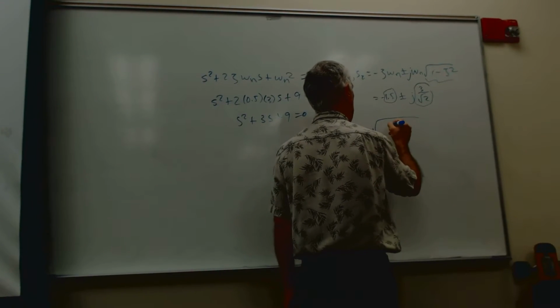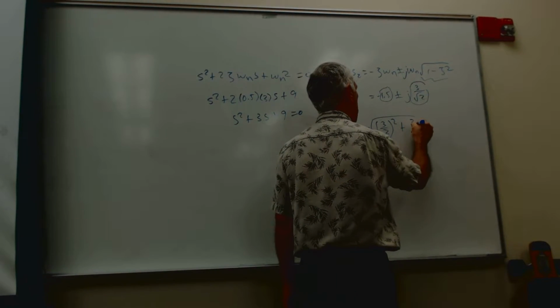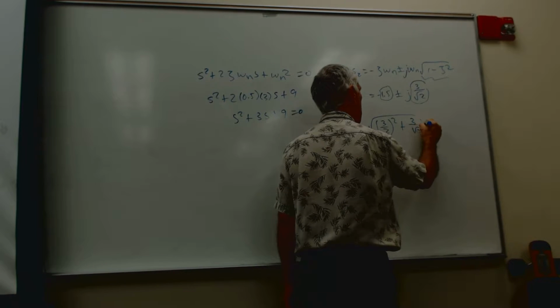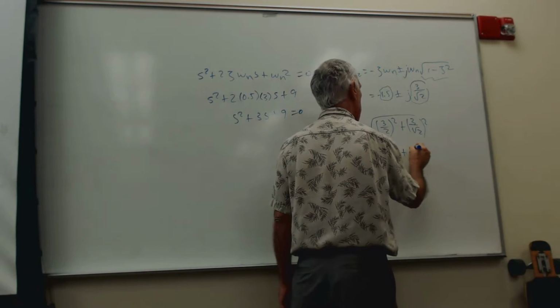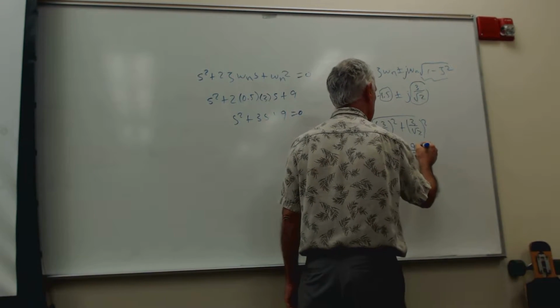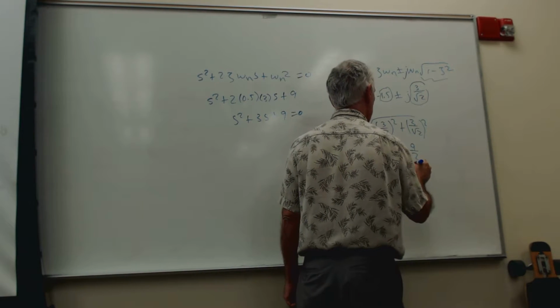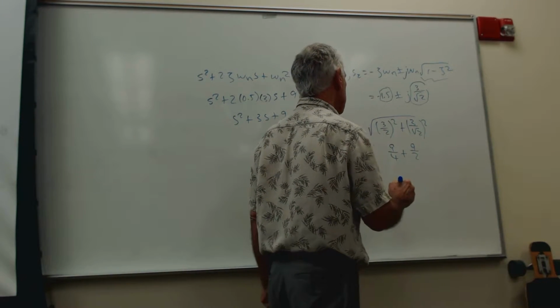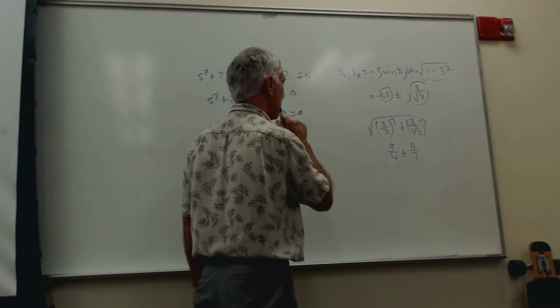So you've got 3 halves squared plus 3 over the square root of 2 quantity squared. And so this is 9/4 plus 9 halves, or 18/4, and 9 is 27/4. Let's see, so is that true?